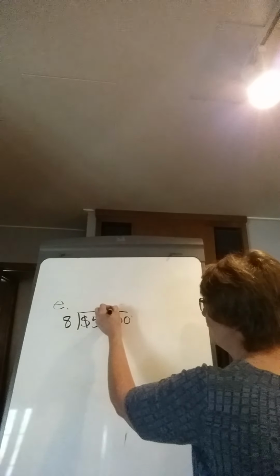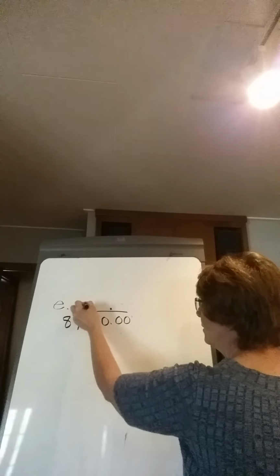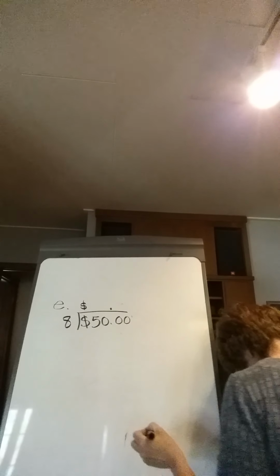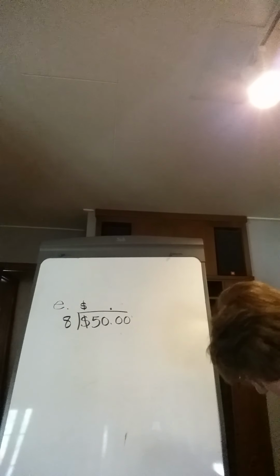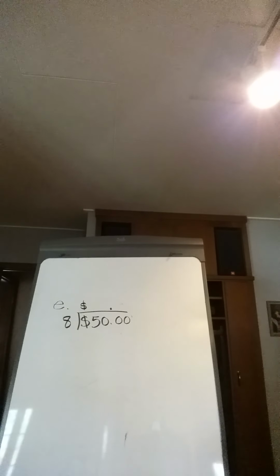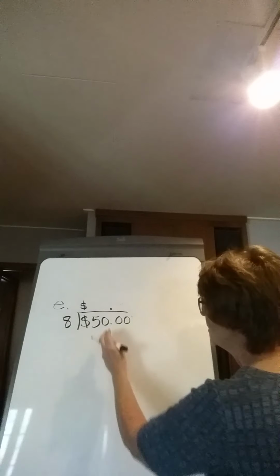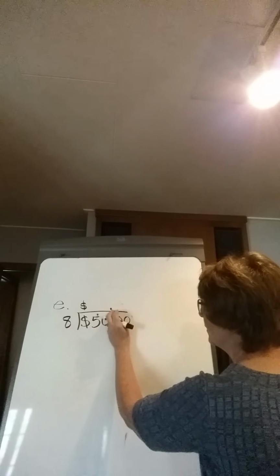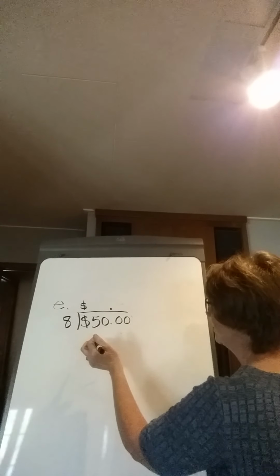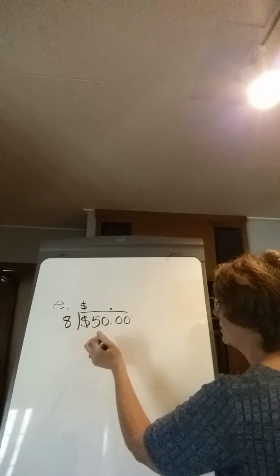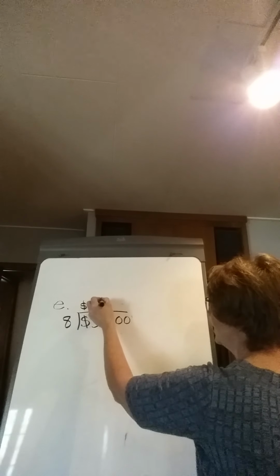Now, the first thing you should have done was bring up your decimal place and your dollar sign. If you didn't do that, then you've got to listen to what I tell you a little more carefully because it is very important. All right, so 8 does not go into 5, it goes into 50. 8 times 6 is 48.